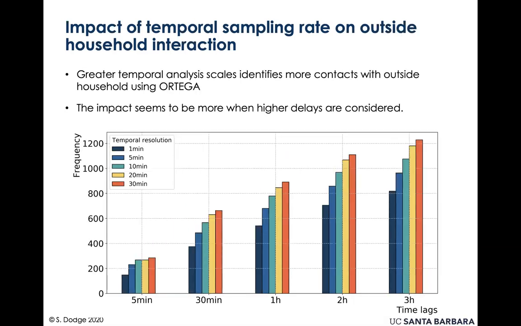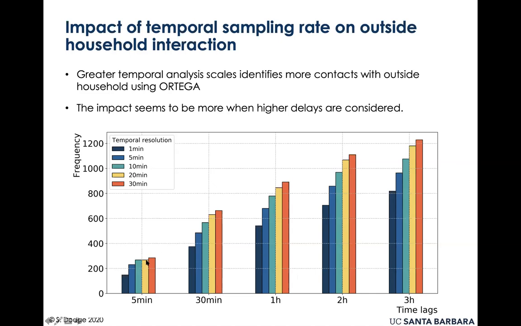However, for outside household interaction, we see a different pattern, meaning that if you change the temporal resolution of tracking data, you can identify more possible interaction or possible contacts, and obviously over time delay, more delayed contacts are identified.